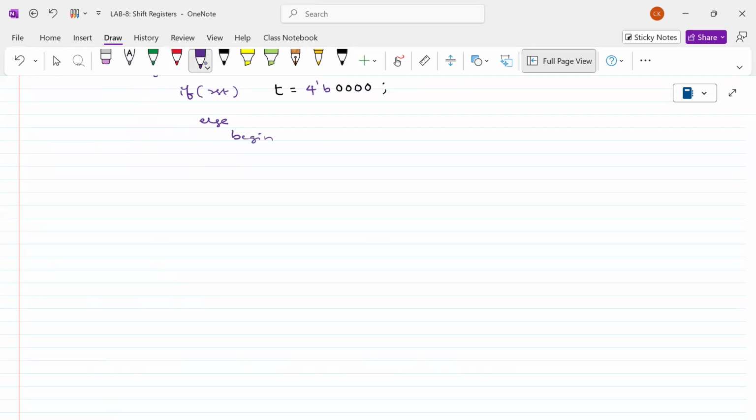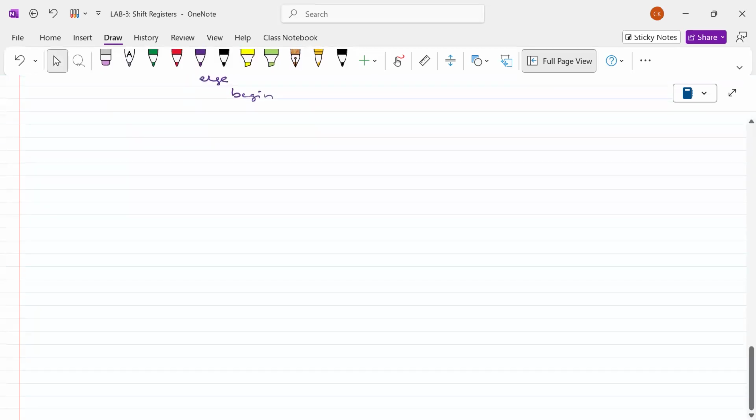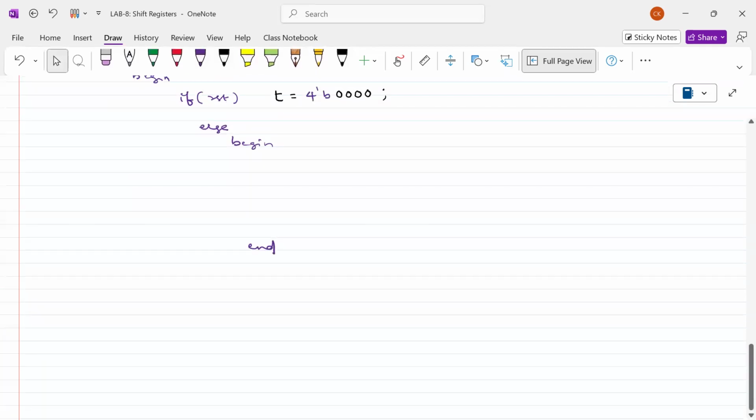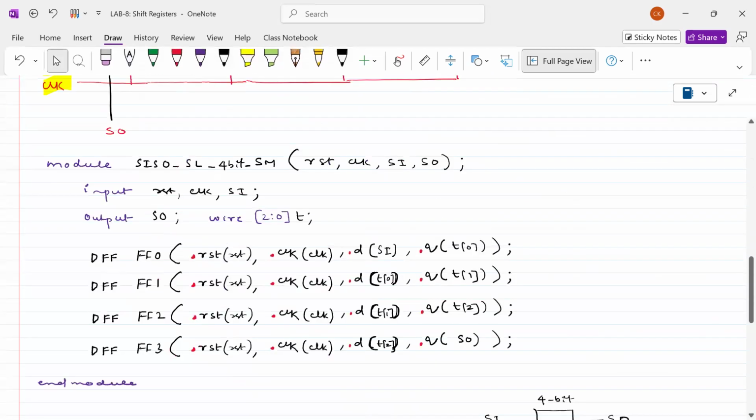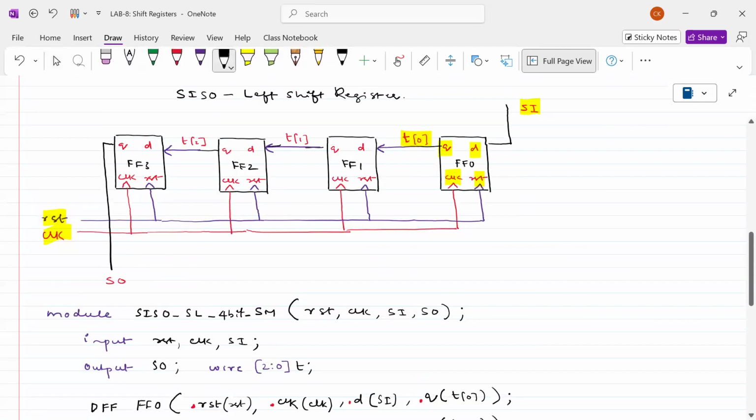For every positive edge of the clock, what has to happen? Begin, and here, let me write T of 0 is assigned with serial in data. Am I right? What is the output of this one? What is the T naught? For every positive edge of the clock, T naught is assigned with serial in data.